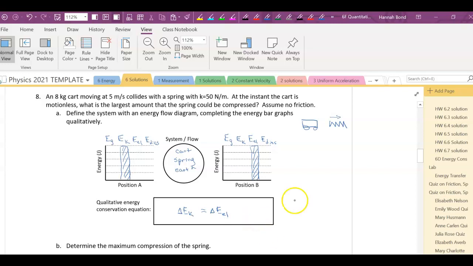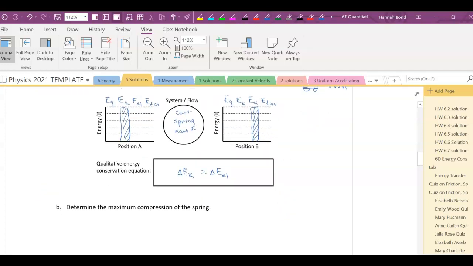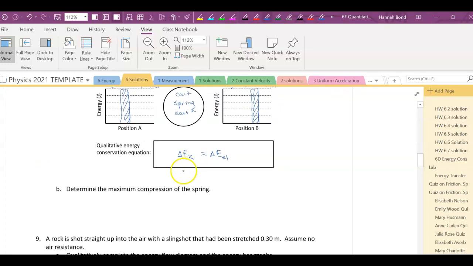Now, so far this is very similar to things we've done before when we've used energy conservation diagrams. But now I actually want to calculate and find the compression of the spring. I'm going to start with that energy conservation equation, and in place of each term, I'm going to put the formula to calculate that amount of energy. The kinetic energy of the cart at position A, I would get by finding half of the mass of the cart multiplied by the square of the velocity.